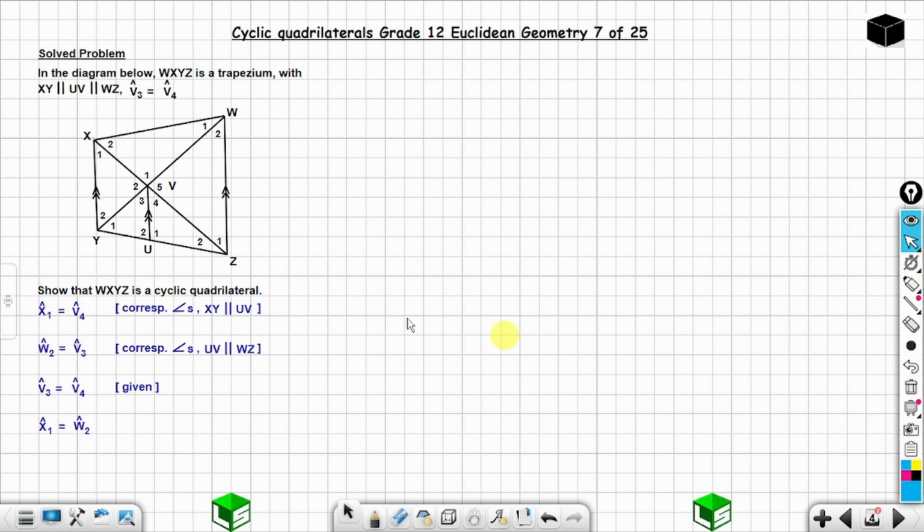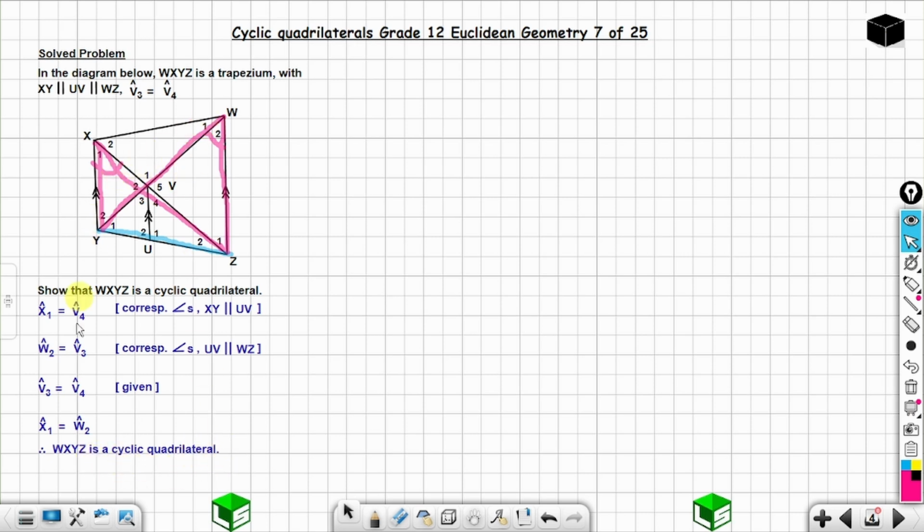So, you have proved that. Let me show you this again. This angle is equal to this angle. x1 is equal to W2. You have proved. So, because you have proved that this angle is equal to this angle, therefore, WXYZ is a cyclic quadrilateral.